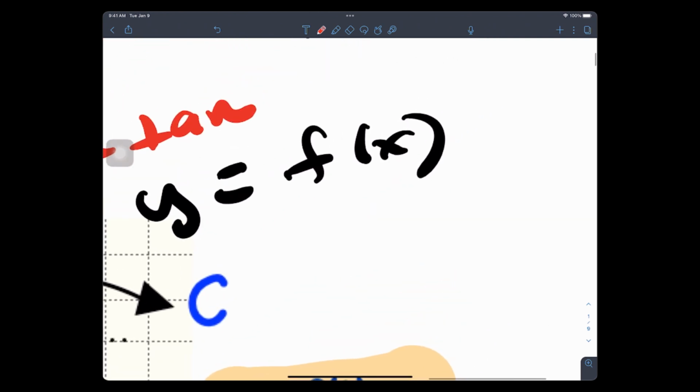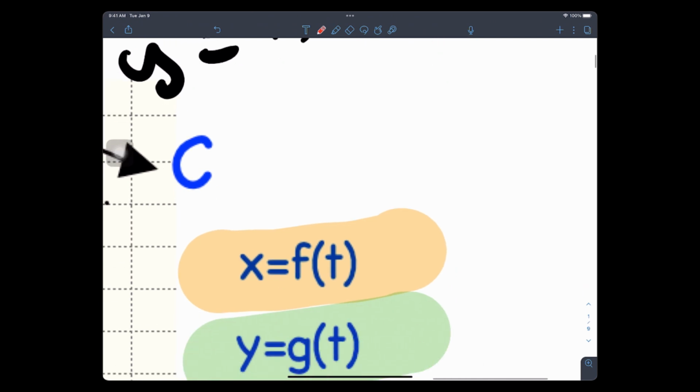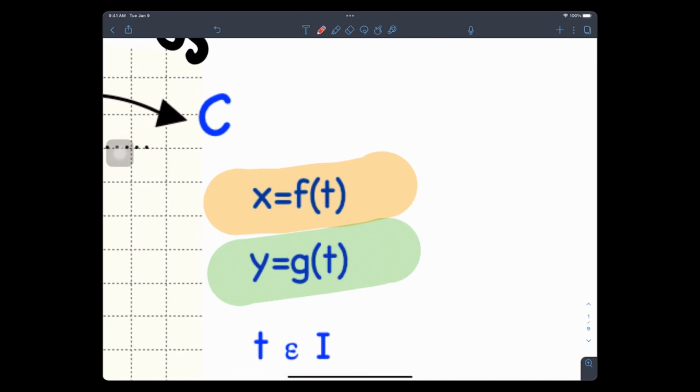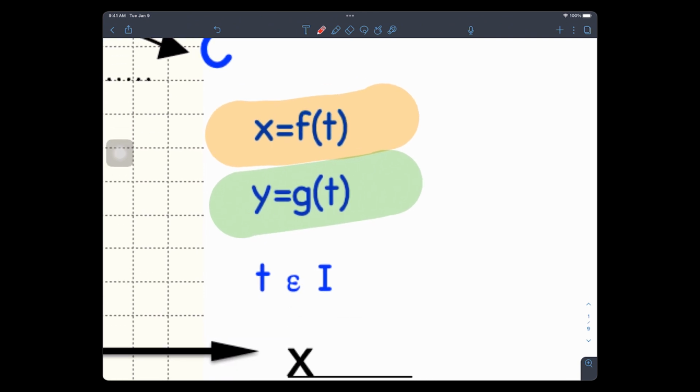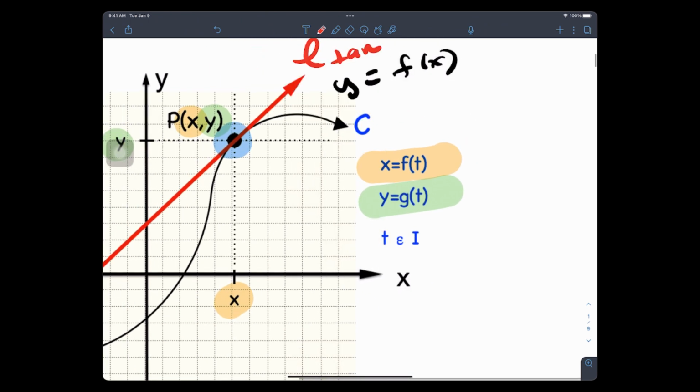I apologize, it can be confusing. It used to drive me crazy as a student. I hated that. I want you guys to just know that it's just an expression. Y is a function of x. Here, x is another function, a different function. X is a function of t. Y is g of t. That's a function of t as well, just notation-wise. But I just want to warn you guys. Here's the point.